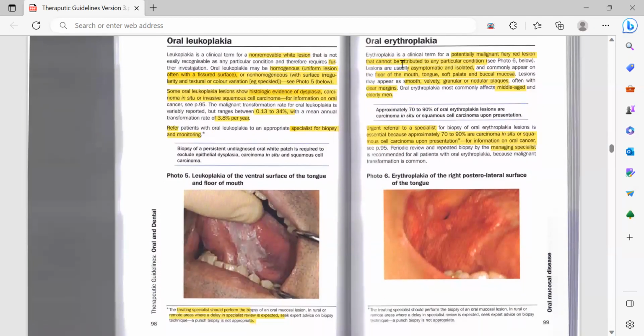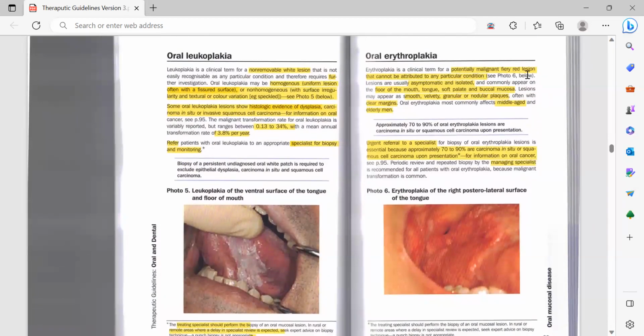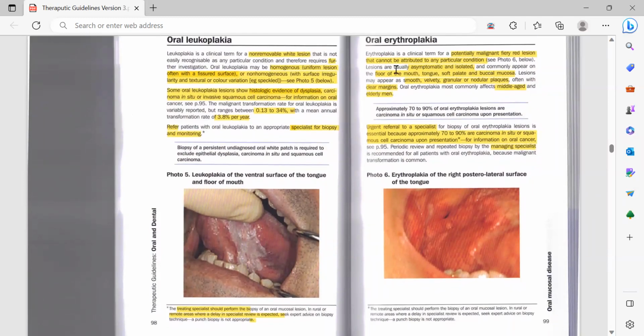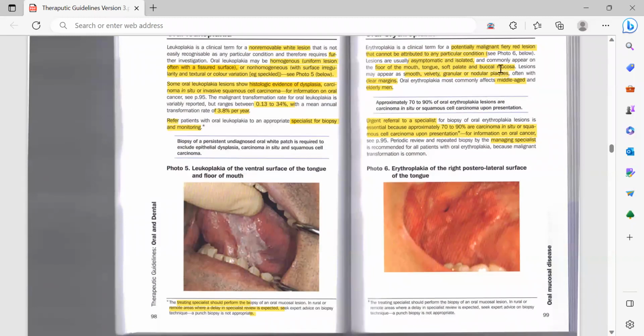Then oral erythroplakia. It is a clinical term for a potentially malignant fiery red lesion that cannot be attributed to any particular condition. Lesions are usually asymptomatic and isolated and commonly appear on the floor of the mouth, tongue, soft palate, and buccal mucosa. So these are its most common sites.